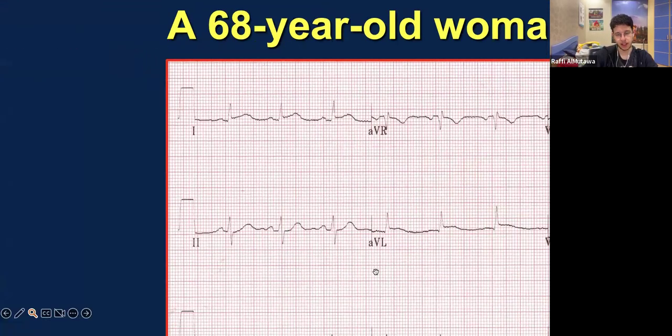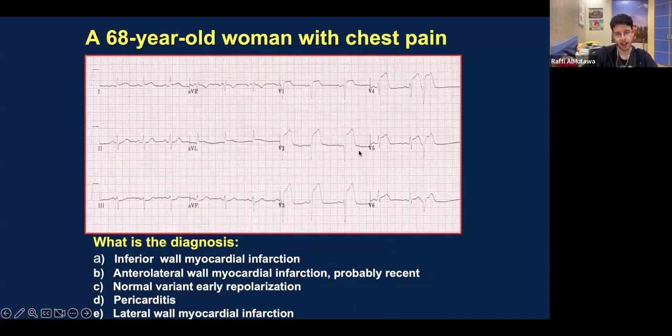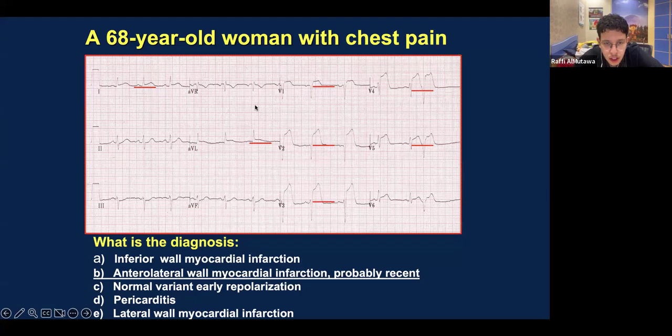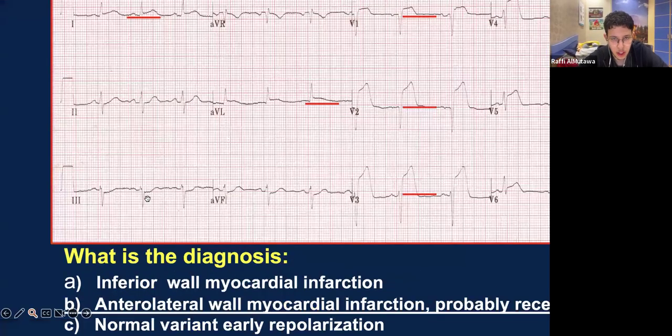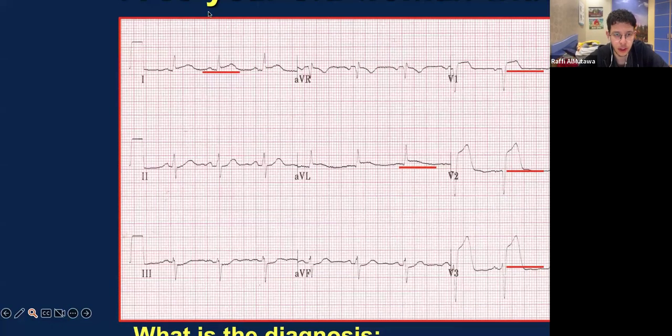1 is elevated, AVL is elevated. So this is an anterior wall myocardial infarction, and it also involves the lateral wall somewhat. This is mostly anterior. But in your opinion, do you mean V2, V3, or actually 1 in AVL?